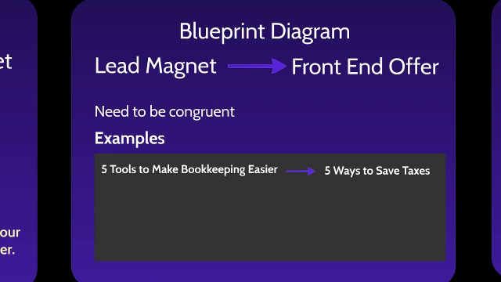So at this point in time, my mindset is to save time because of the frustration of bookkeeping, and yet I am being presented with 5 ways to save taxes as the front end offer. It is related a little bit, so similar, but not exact. And it has to be exact in order for you to get good conversions.